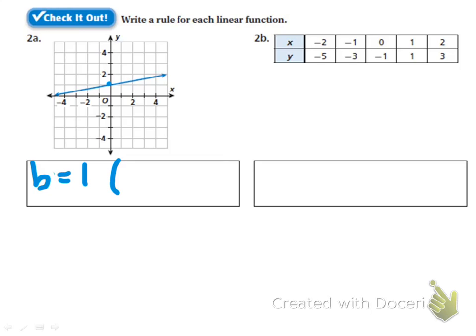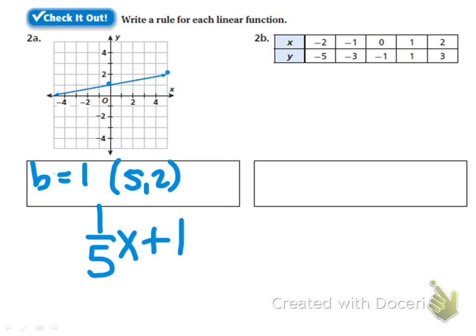To find my slope, I'm going to use the point 5, 2, because that's the next place it crosses. I can tell that it rises 1 and goes over 5, so my slope is going to be 1/5 x plus 1. And I write f of x because we're finding the linear function. We always use f of x for linear function. So my equation should be f of x equals 1/5 x plus 1.